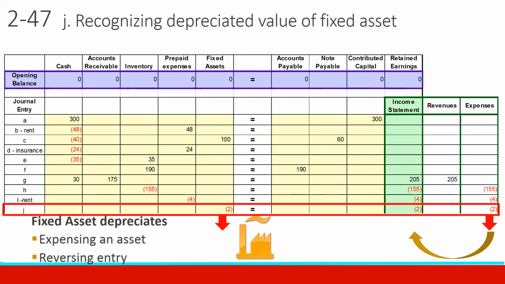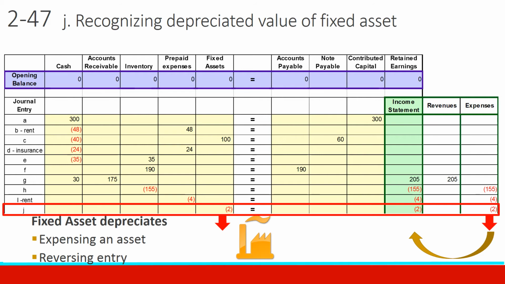And then similarly, we're going to reflect that $2,000 as a cost of doing business by showing it as an expense on the income statement. Just like the other expenses, as a result of the closing process, that expense will be removed out of the expense column, transferred over to the retained earnings, and will reduce the retained earnings balance sheet account.